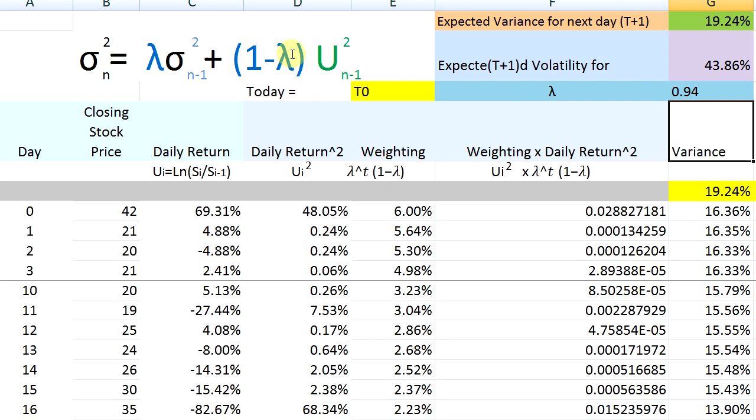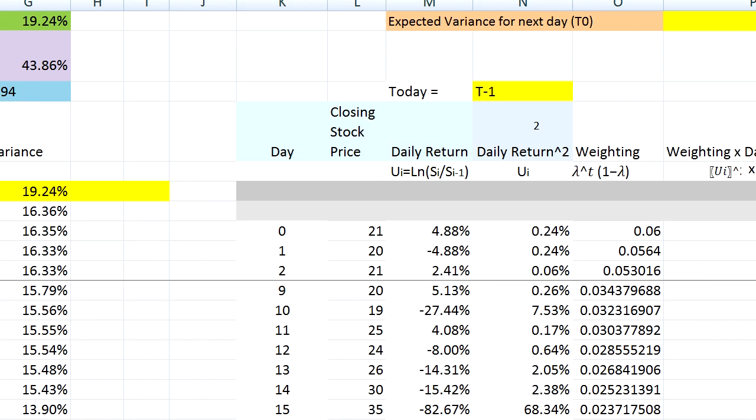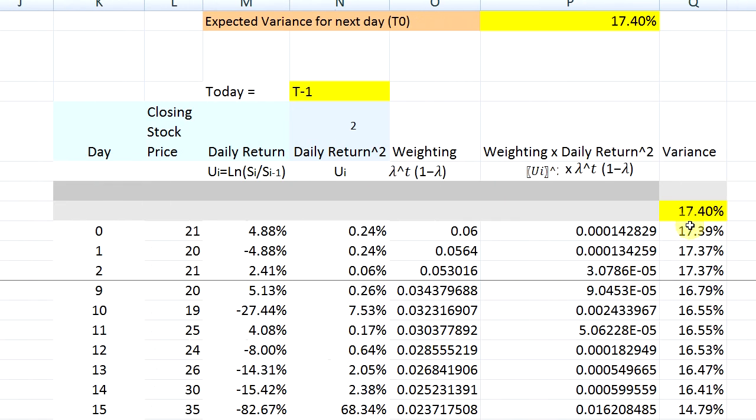Once you have these two inputs, you don't need a historical values like I'm showing you here. This is just for you to understand the concept. You simply need yesterday's price change, so that's this number here, and you need yesterday's estimated volatility, which I showed you here, which was 70.4%.